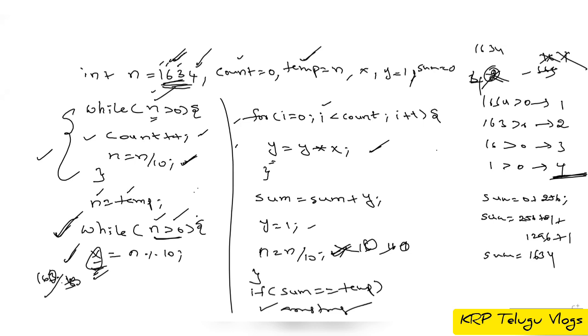Okay, so how can we write the code for this one? Void main, int number is equal to 1634, we can say. Come on, what else is required? Temp is required.